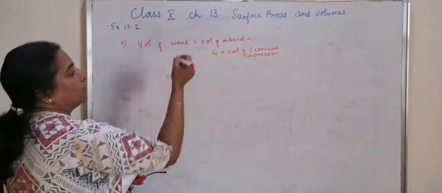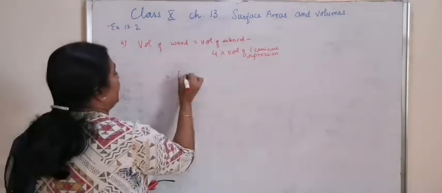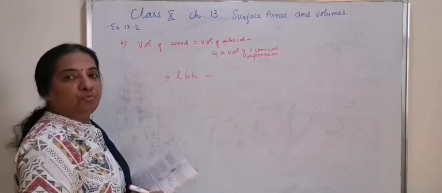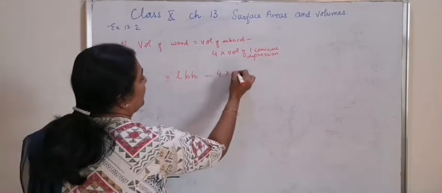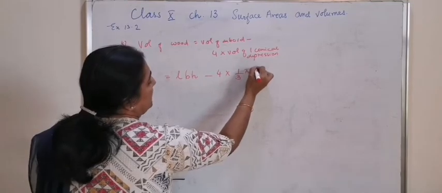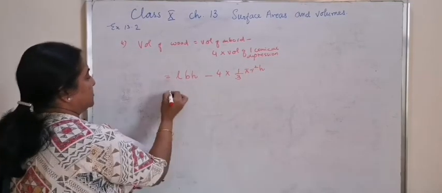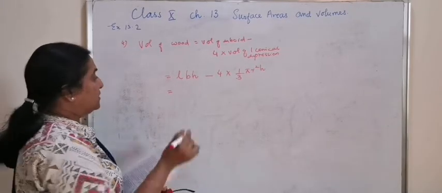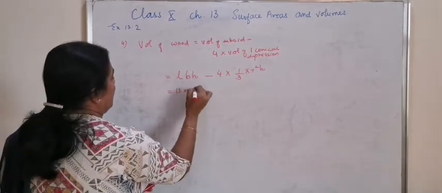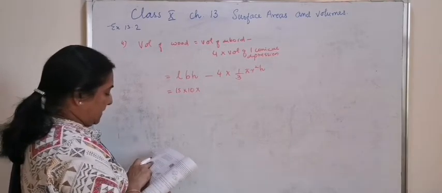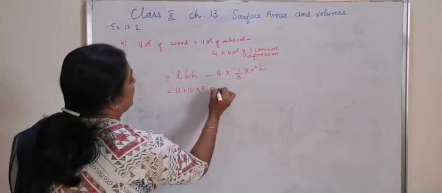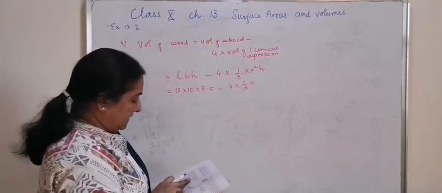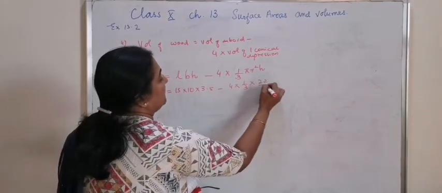The formula for volume of the cuboid is length into breadth into height minus 4 into volume of one cone. Volume of cone is 1 by 3 pi r square h. So the calculation: length into breadth into height, 15 into 10 into 3.5, minus 4 into 1 by 3, and pi is 22 by 7.